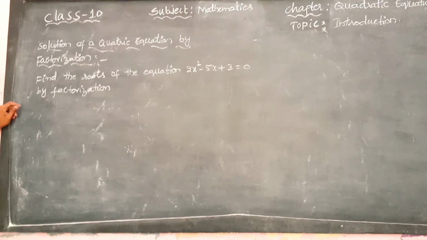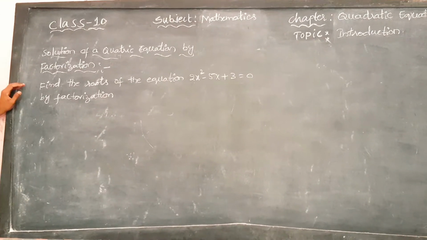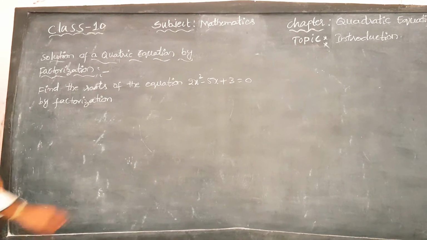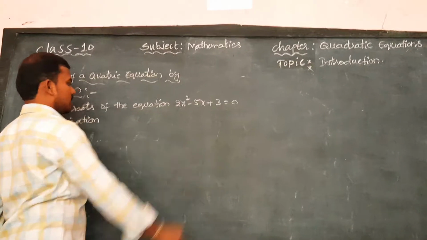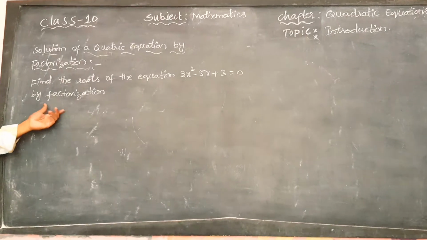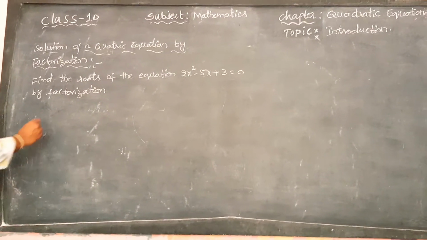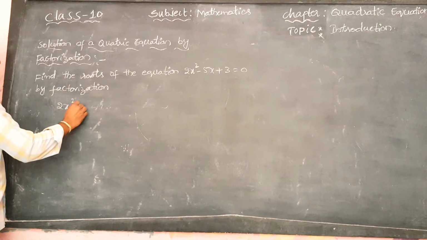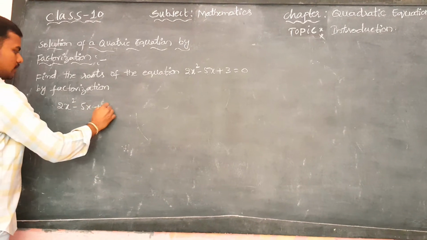Let us see an example. Find the roots of the equation 2x square minus 5x plus 3 is equal to 0 by factorization. The given equation is 2x square minus 5x plus 3 is equal to 0.